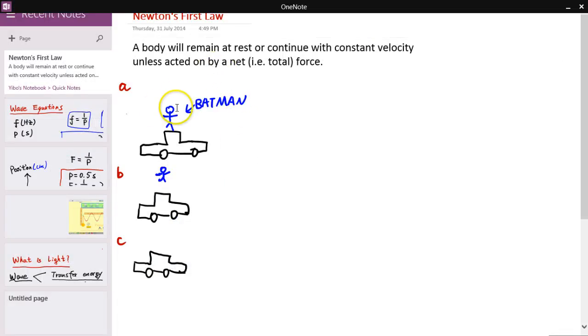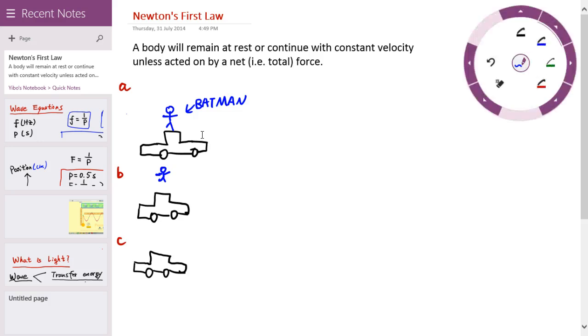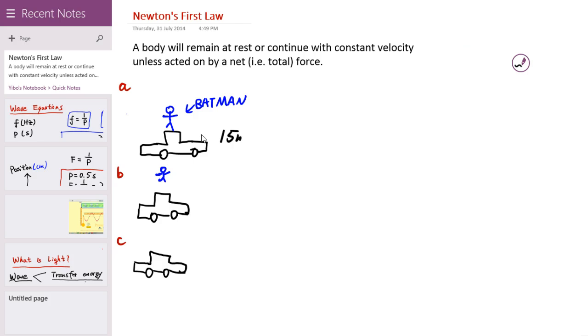Now have a look at this example. In figure ABC, initially I have Batman standing on top of a moving car. The speed of the car will be, let's say, 15 meters per second, moving to the right. Then Batman jumps up.